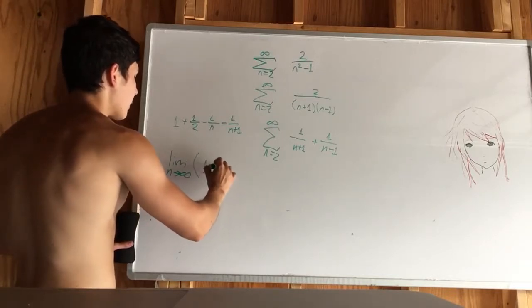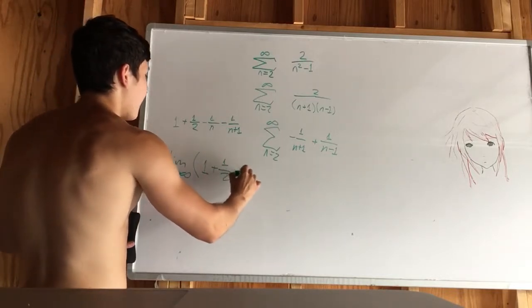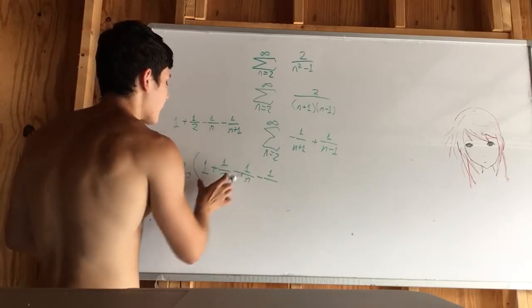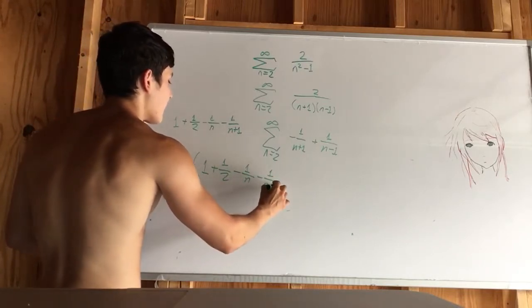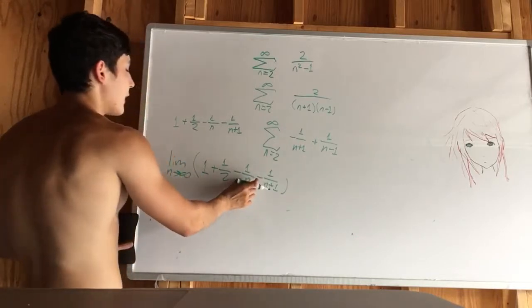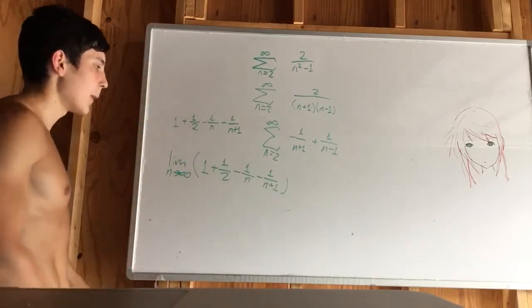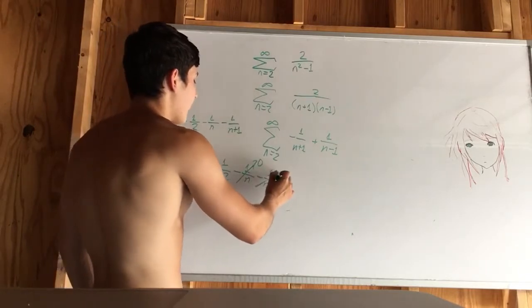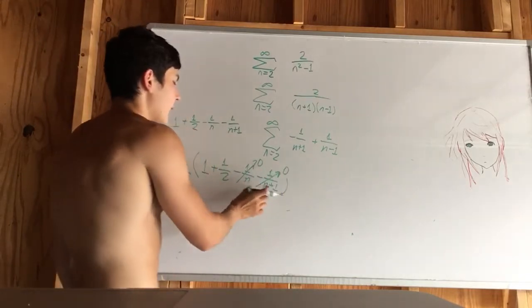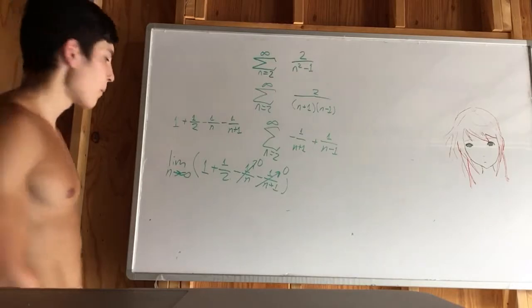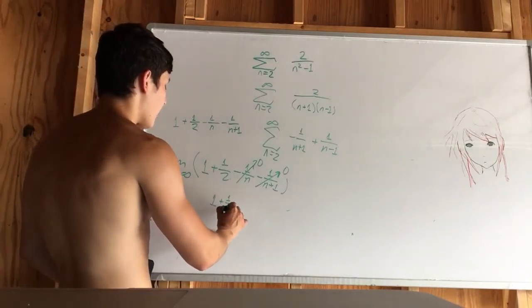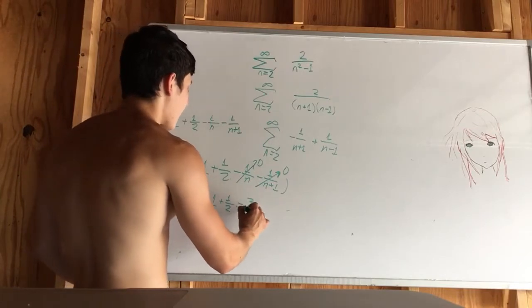The limit as n approaches infinity of that is, as you can see, just the first terms. Because if you plug in infinity into here and into here, these will go to 0, because anything divided by infinity goes to 0. And so our limit goes to 1 plus 1/2, which is 3/2.